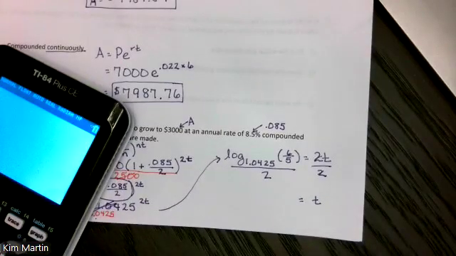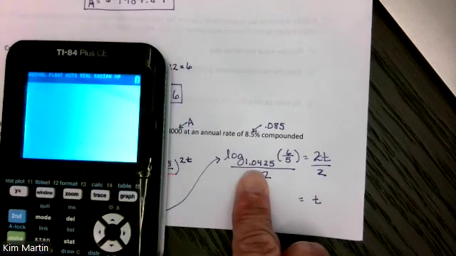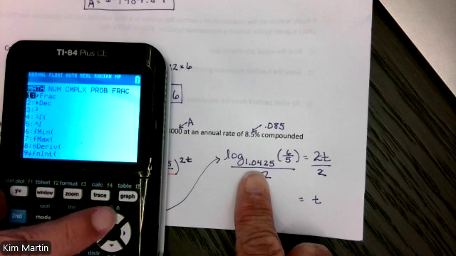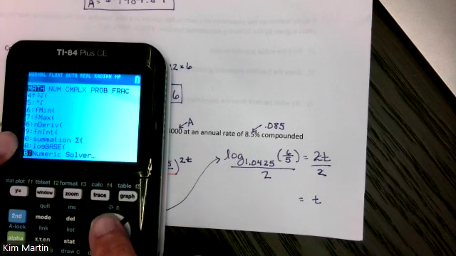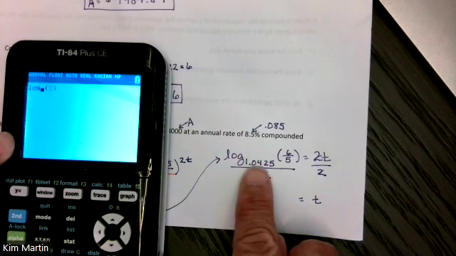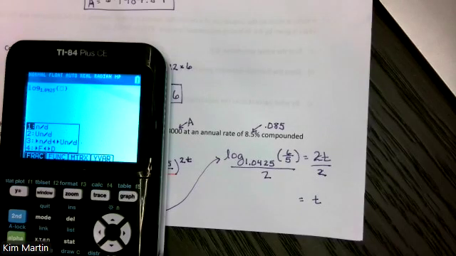So if you have that button, hit math and go down to A. By the way, if you go up, it circles down to the bottom of this list, so it's just faster to get there, but you can arrow down to A, hit that, and type in 1.0425. You can use a decimal or a fraction. I'm just going to type it in just like I see it.